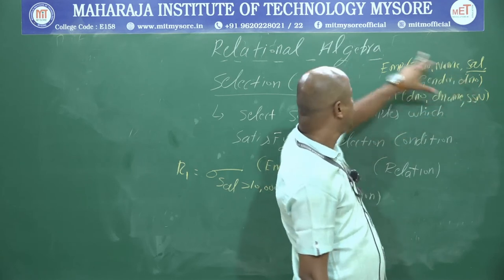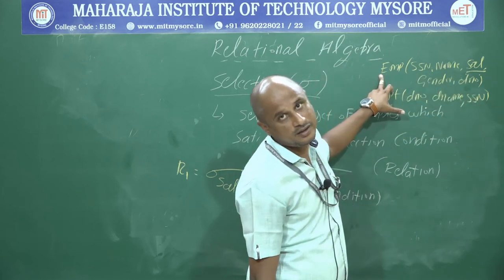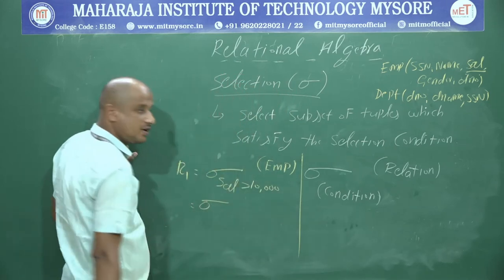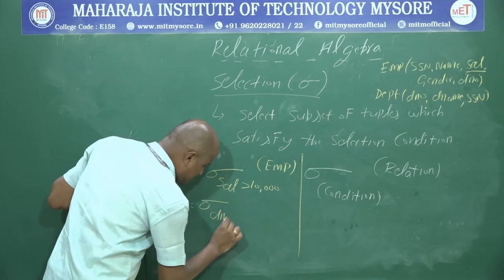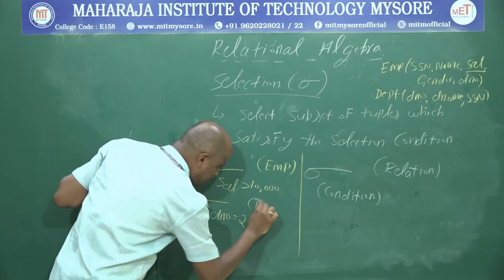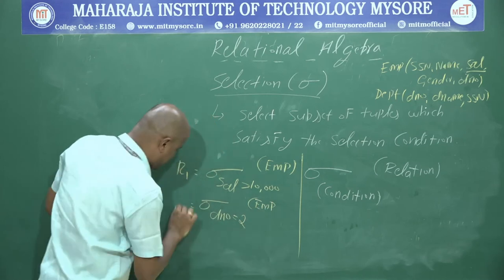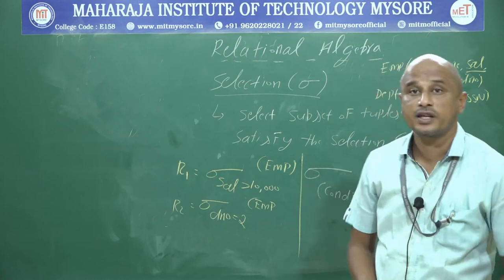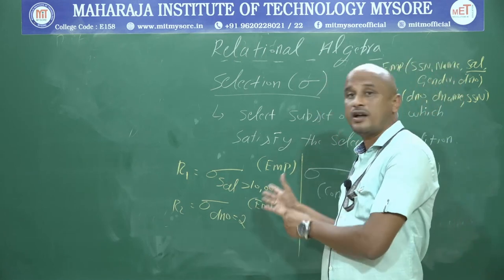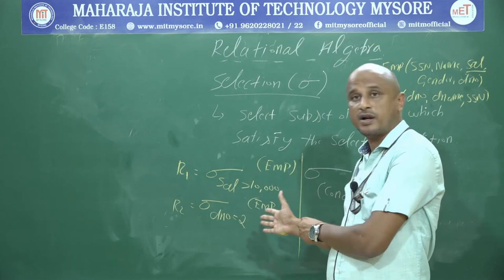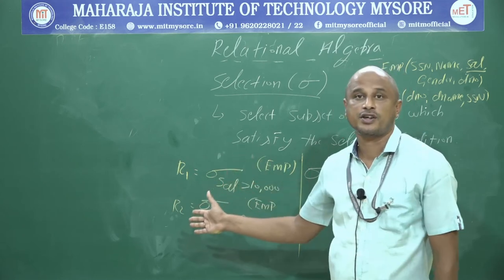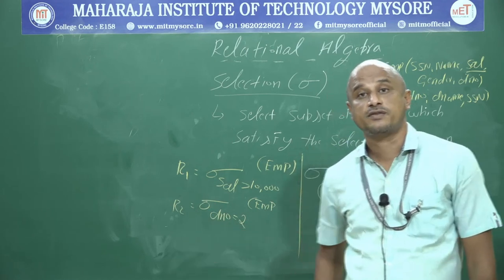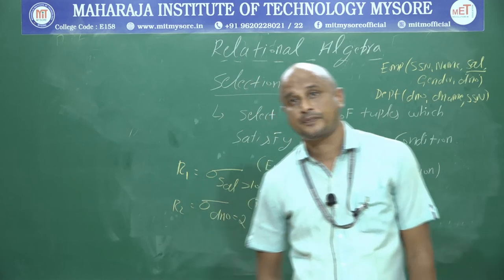So department number 2 is here. I can retrieve the employee values. Here I can give a new condition, that is, retrieve the employees who work for department number 2 from the employee table. That is R2. I give a new condition, sigma, department number 2 from the employee relation, specified as R2.